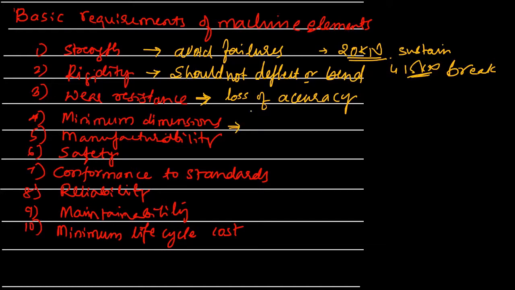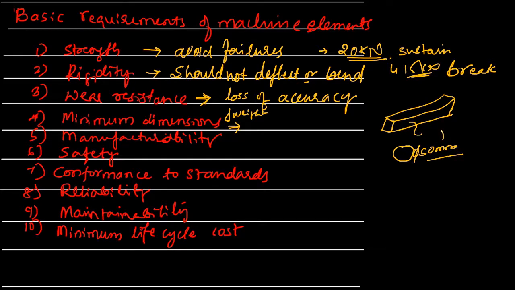It should have minimum dimensions as well as minimum weight. For example, suppose you are designing a key for a shaft. For a shaft diameter of 50 mm, the size of the key should be minimum.